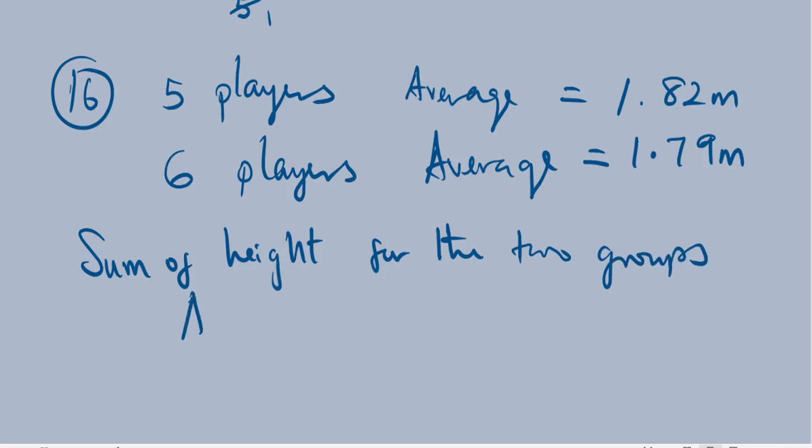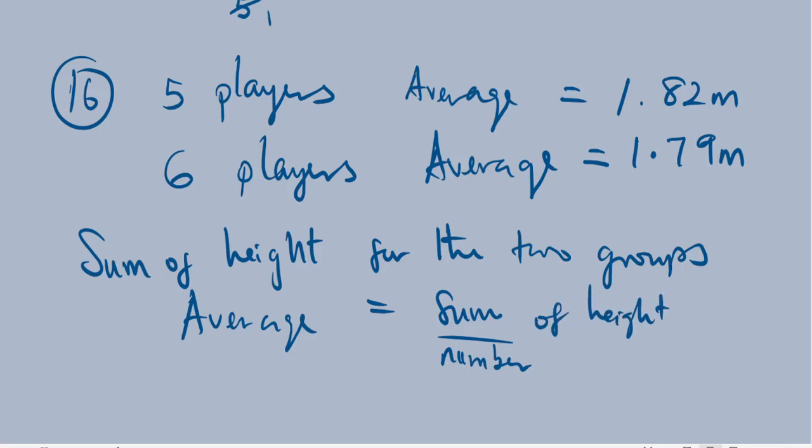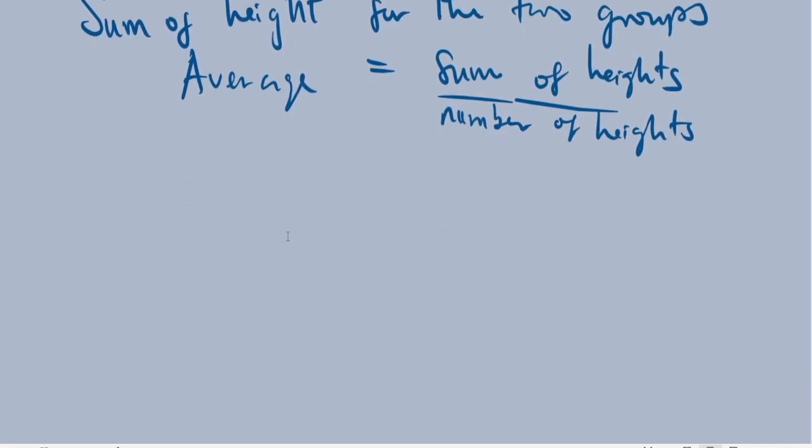Remember the formula for average. Average is sum of height over number of heights. So if the sum of height over number of heights gives you your average, how then can we find our sum of height?